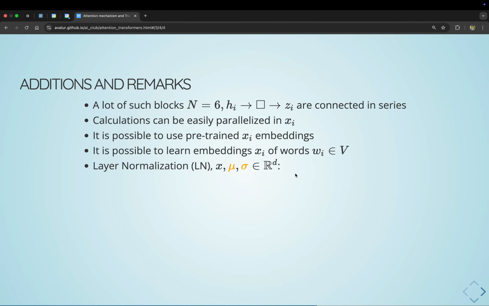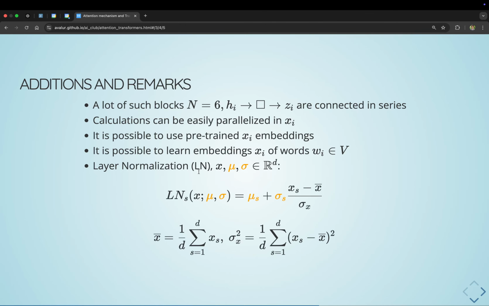And what does it mean? What is inside this layer normalization part of the transformer model? Actually, it is not very difficult. The s-th component of X after layer normalization is the vector mu_s plus sigma_s multiplied by this fraction.